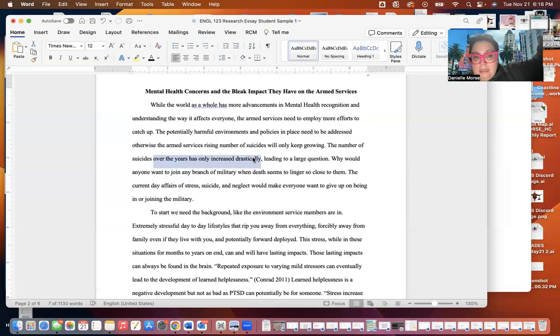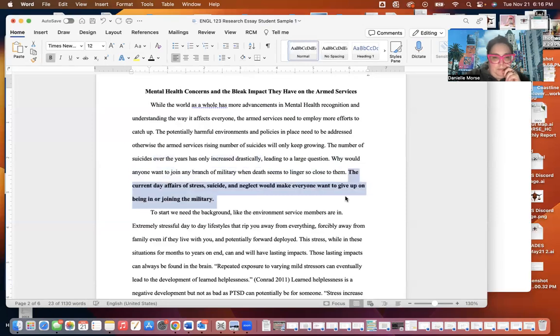And if the paper's on mental health concerns, okay, they can make the connection between mental health concerns and suicide. They eventually get to that in the final sentence, which should be the thesis statement, but it's not one.